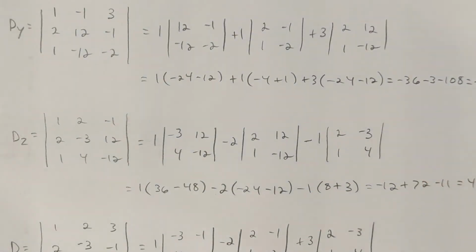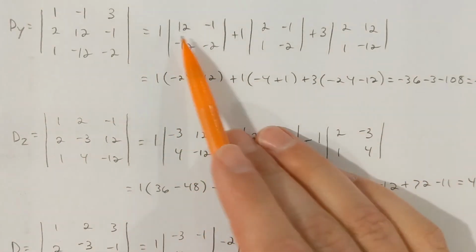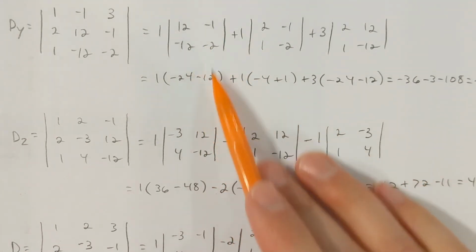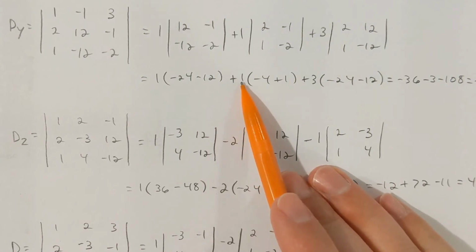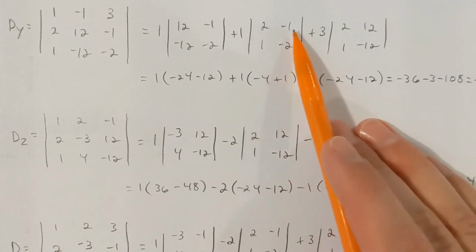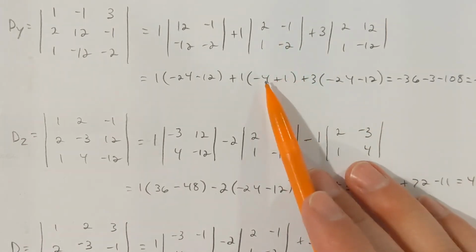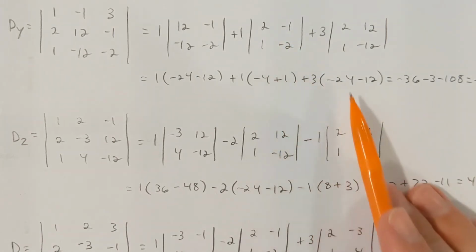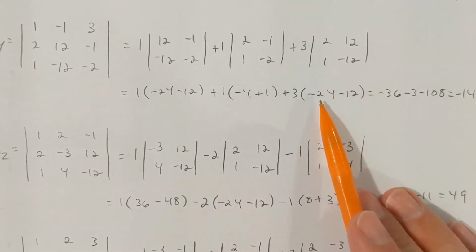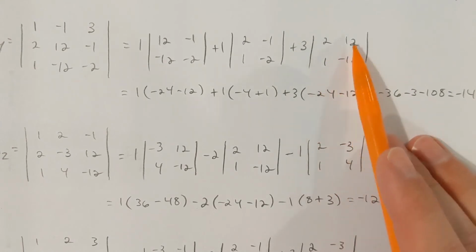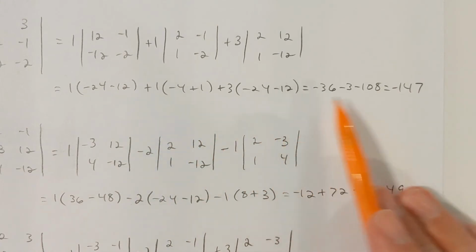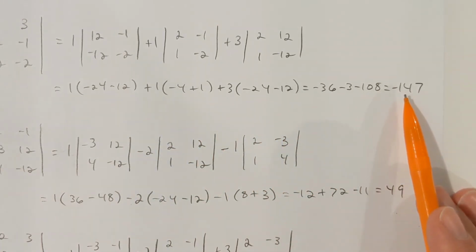And you got 1 times 12 times negative 2 is negative 24, minus negative 1 times negative 12 is 12, plus 1 times 2 times negative 2 is negative 4, minus 1 times negative 1 is negative 1. You're subtracting negative 1, so that means you're adding 1. Plus 3 times 2 times negative 12 is negative 24, minus 1 times 12 is 12. And when you simplify this here, I'm getting negative 147 then.